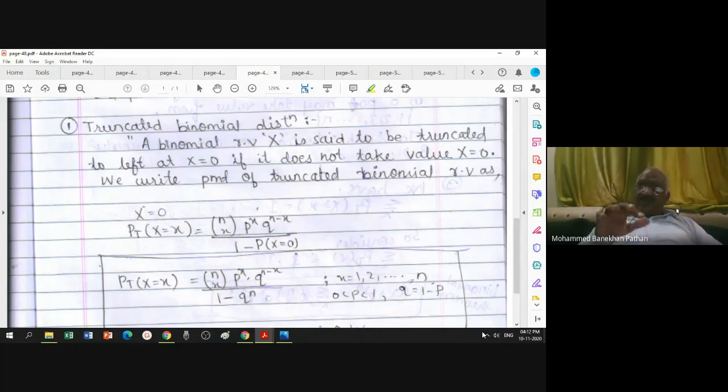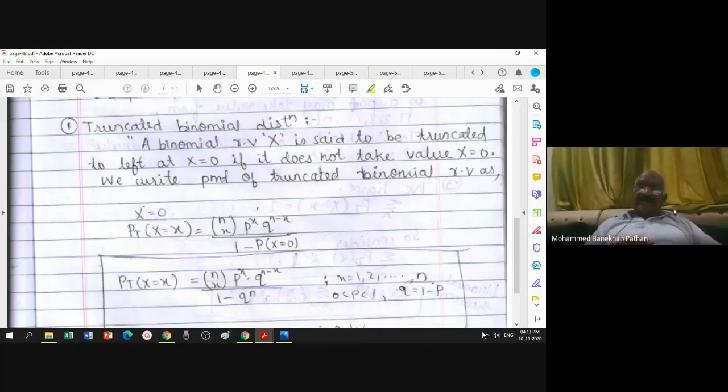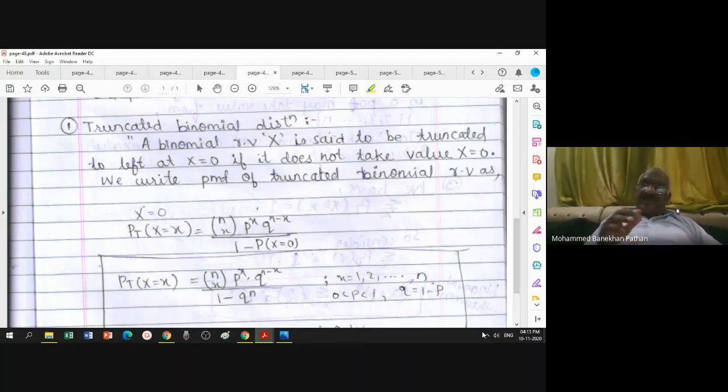Suppose I have 15 pots and in every pot I put 10 seeds. Then I will count in the first pot how many seeds are germinated, in the second pot how many seeds are germinated, and so on. I observe that in each and every pot a minimum of 1 seed is germinated. That means I didn't get a 0 value in this experiment.